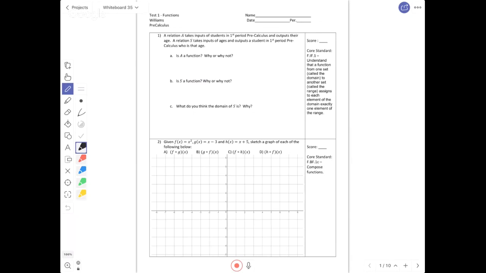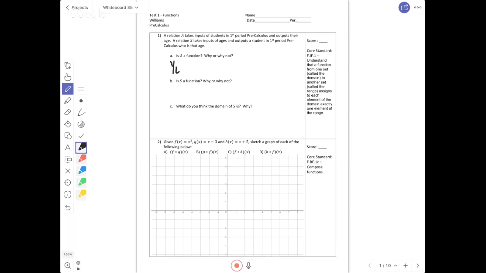Why or why not? So A takes the inputs of the students and outputs their age. So if the input was, say, Claudia, the output would be 17 or 18. If the input was Lorenzo, the output, again, 16, 17, 18, his age. So every student has exactly one age. So if I input a student, I get exactly one age back.